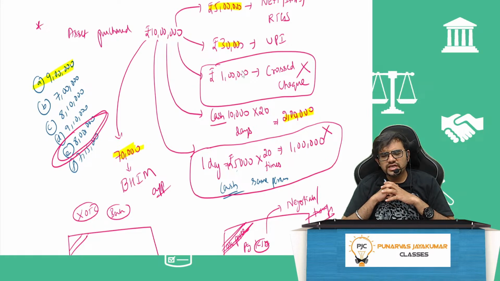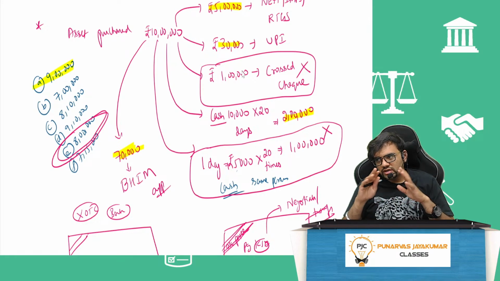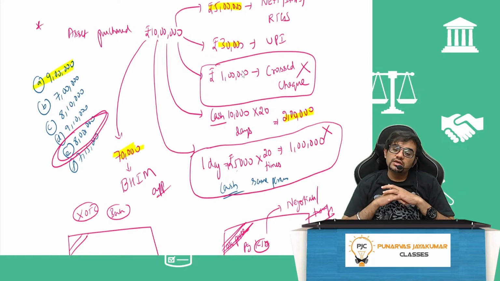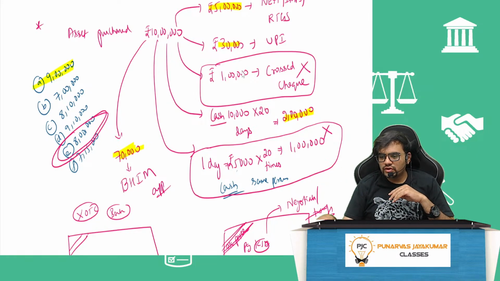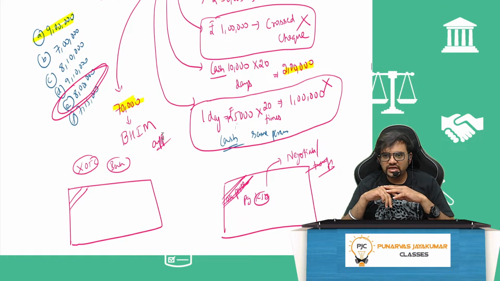Guys, they say it should be account payee check or account payee bank draft or bank transfer or UPI, all those things. Cross check is not an account payee check. So coming back to law, under your Negotiable Instruments Act, a check can be crossed generally with these two transfer lines, or you can write it as an account payee check.